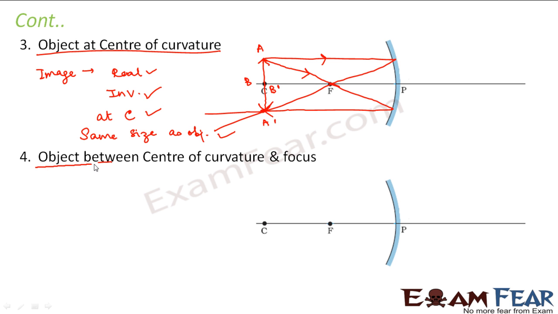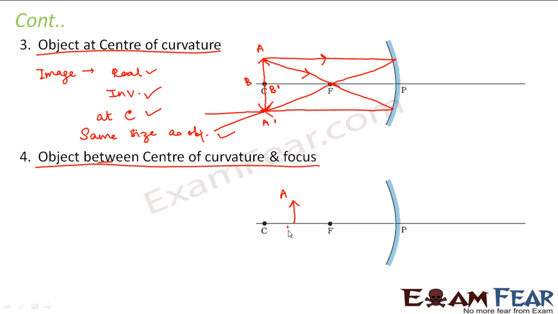Okay. Did you notice something? That we are gradually bringing the object nearer to the pole. In the first scenario, we considered that the object is at infinity. Then we considered that it is not so far, but it is beyond center of curvature. Then we said that it is at center of curvature. Now we are telling that the object is between the center of curvature and the principal focus. That means the object is located somewhere here.